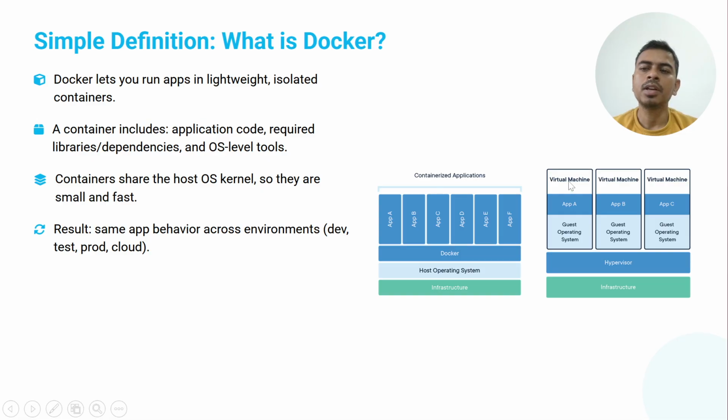With VMs, there is a hypervisor, and inside the hypervisor we run multiple VMs, and on those we run the apps. But in Docker, we use one host operating system, install Docker, and then install multiple applications. In next videos, we will go through how to install Docker and how to use it.